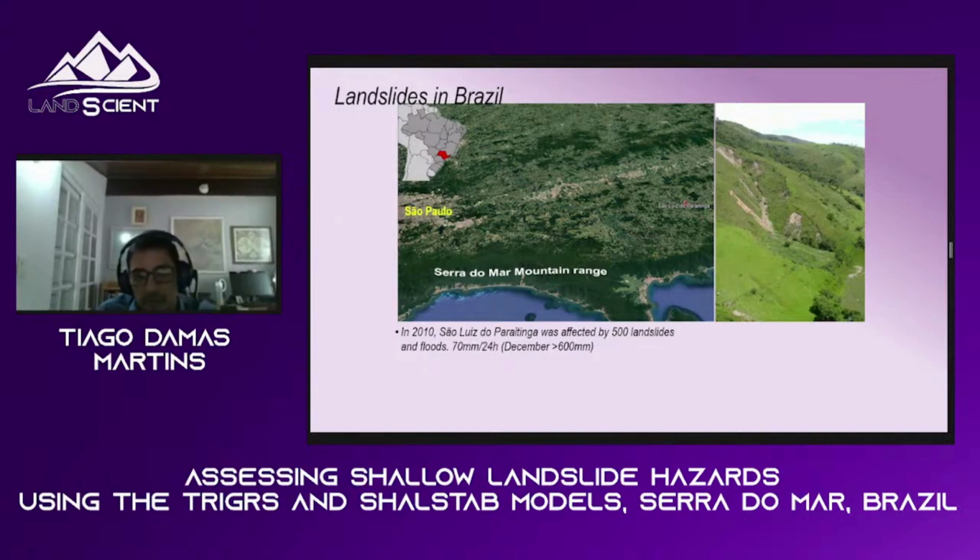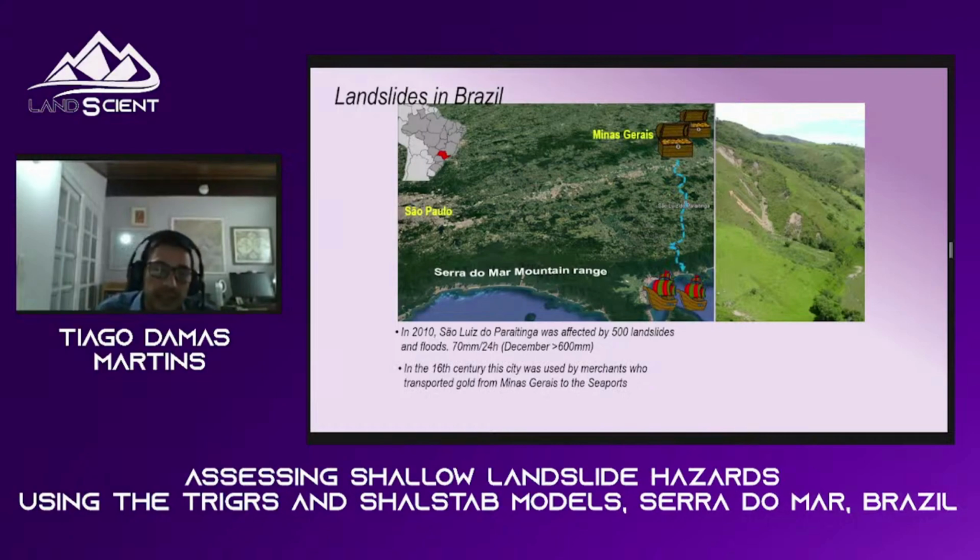And there are some pictures of São Luís do Paraitinga, because this is a historical city in Brazil. It also has a cultural value, because in the 17th and 18th century there was a pathway from Minas Gerais, the area that produced gold, the mining area in Brazil.